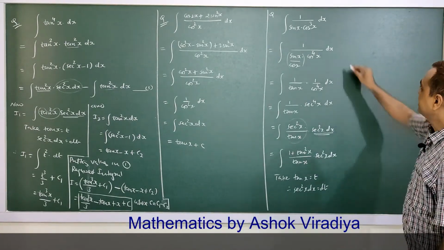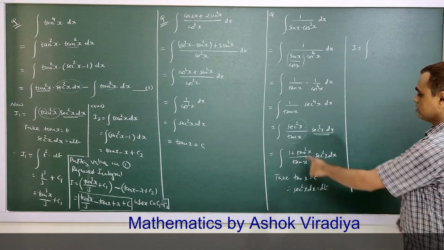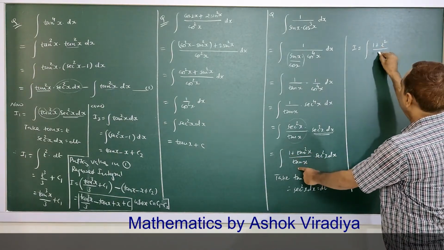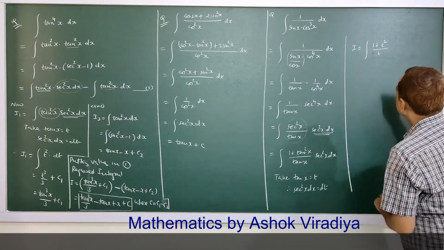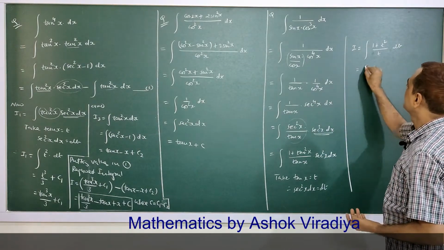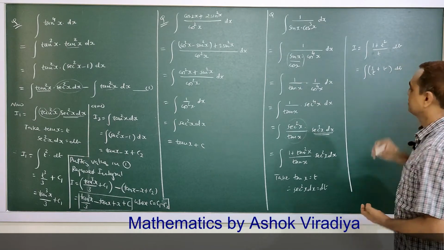So the integral is 1 plus t square upon t dt. So it is 1 upon t plus t dt.